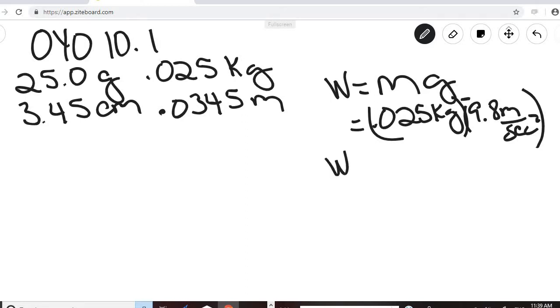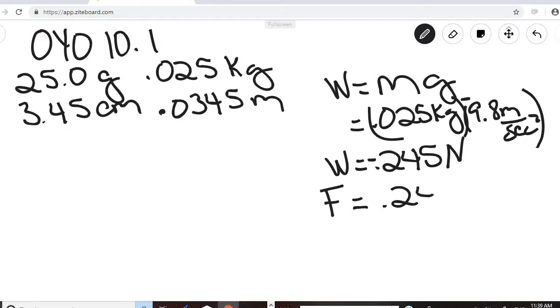So the weight of the object will be 0.245 kilogram meters over second squared, or newtons, and that'll be negative. That tells us that the restoring force will be a positive force in the opposite direction, so it will be 0.245 newtons.